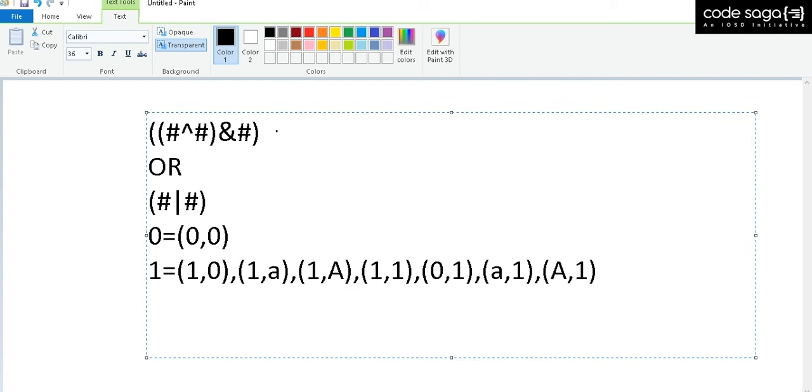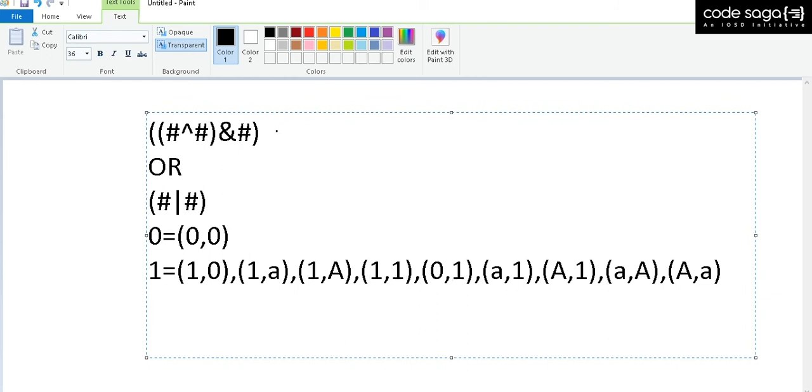So these are all the cases which will have 1, but there are also 2 more cases for this, which are A and capital A, because at least one of these values will always be 1. Exactly one of these values will always be 1, because if small a is 0, then capital A is 1. If small a is 1, then capital A is 0. So similarly, this will always be 1 as well. So these are the cases for 1, which are 9, I believe.